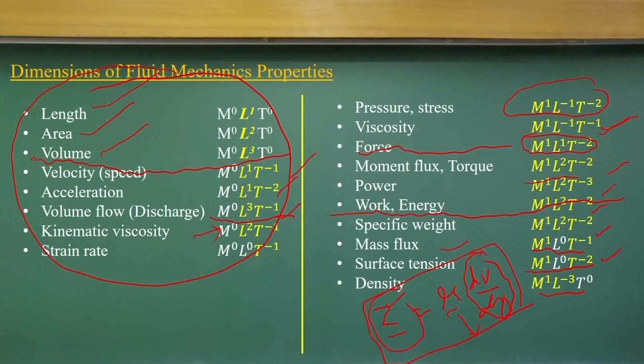Substitute the dimensions of the properties, like here the shear stress, the velocity gradient and mu, then you can get the dimensions of mu. And you know the relationship between kinematic viscosity and the dynamic viscosity. So, if you know the basic relationship between the fluid properties, we can also compute the dimensions of the fluid properties.